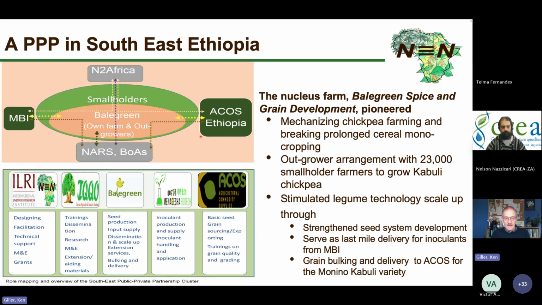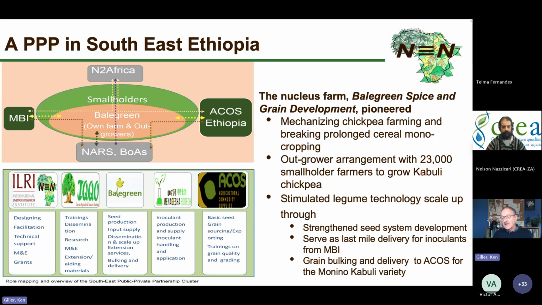So here's one in Southeast Ethiopia, where the researchers were working with different extension agents, with a company providing seed, with an inoculant company from Addis Ababa providing the inoculant, and then with a commodity supplier doing trainings on grading of grain for the market.